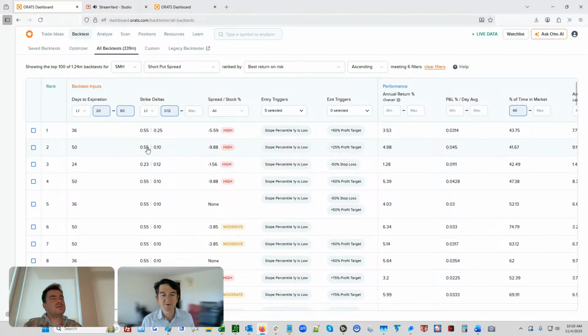You want to know about that, because recall that the best one was basically just selling the 25 delta when the slope was high. Now this is when it's low, so you want to do this relationship instead. It's interesting to see what performs and when. So why is that? Are they just valued slightly differently?